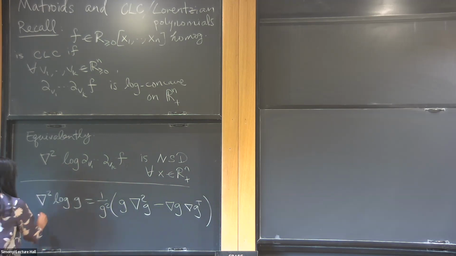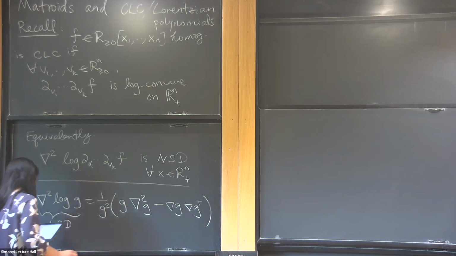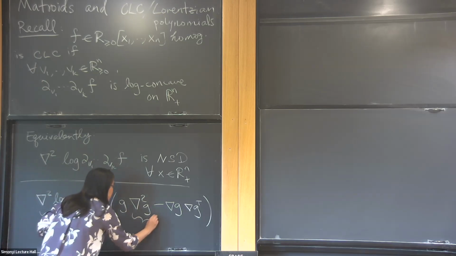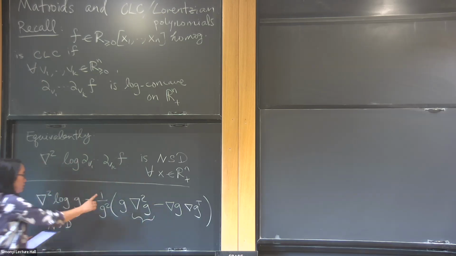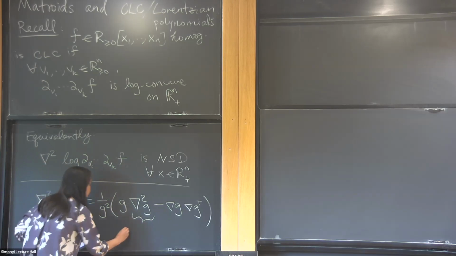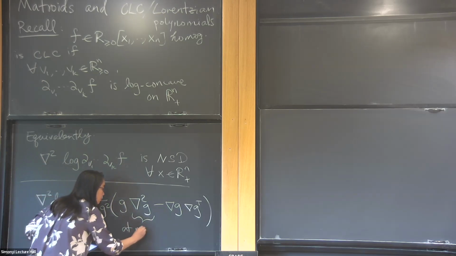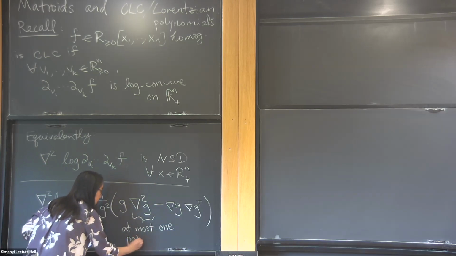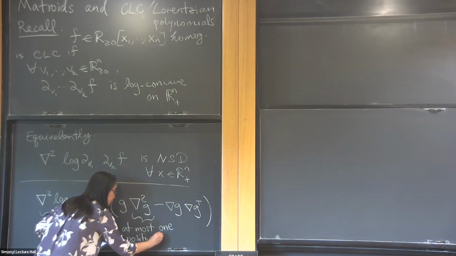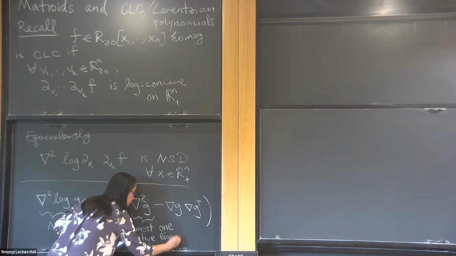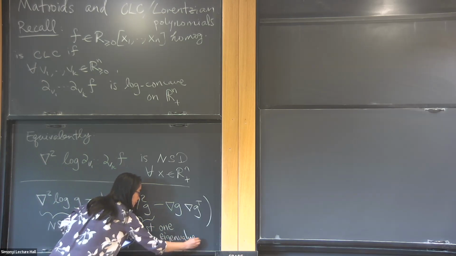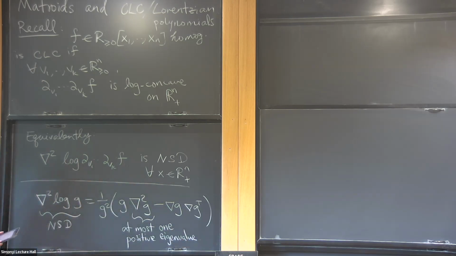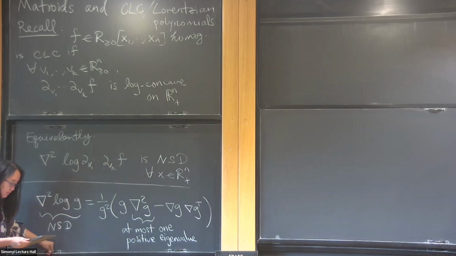And this thing being negative semi-definite is equivalent to the Hessian of the polynomial itself having at most one positive eigenvalue.